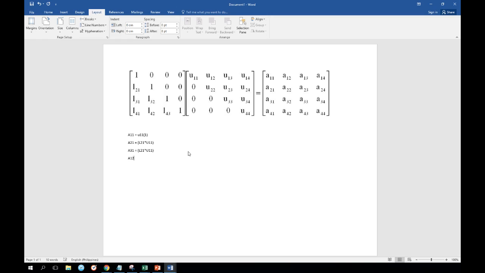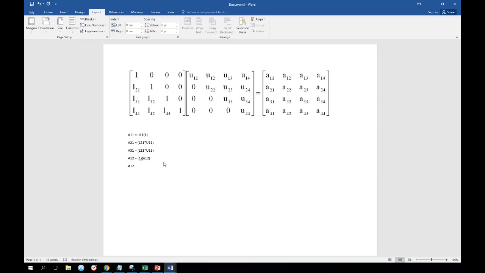Now let's do A12. To retrieve the formula for A12, again, you have to multiply the first row by the second column this time, since this is A12, that's row column. So for A12, that's 1 times U12. And since these are all zeros, let's just leave it as it is.